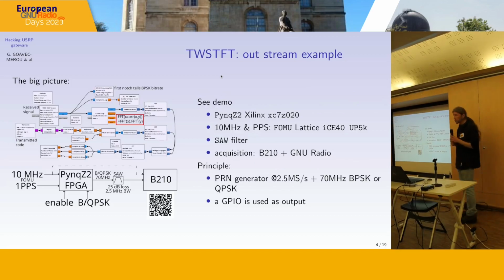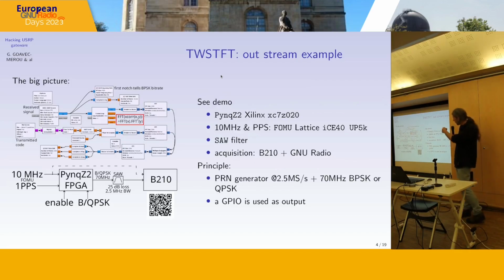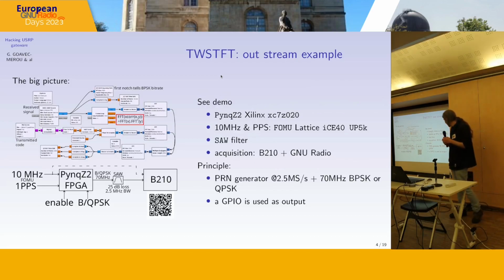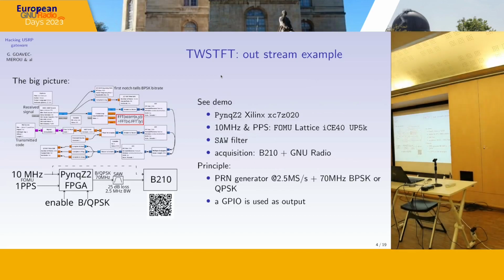This contains the gateware for the TX part, so the PRN generator, and a FOMU, a really small board based on the ICE40 FPGA, is used to generate both 10 MHz and the PPS. It's just to have something as small as possible, to avoid using, for example, an OctoClock or something for the demonstration.